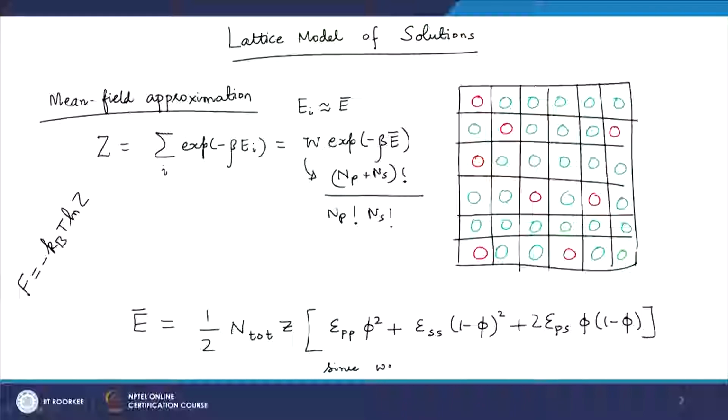So, since we only care about F double prime for mixing or phase separation, we can drop all the linear terms, that are terms containing either phi or a constant, because anyway we are interested in second derivatives.